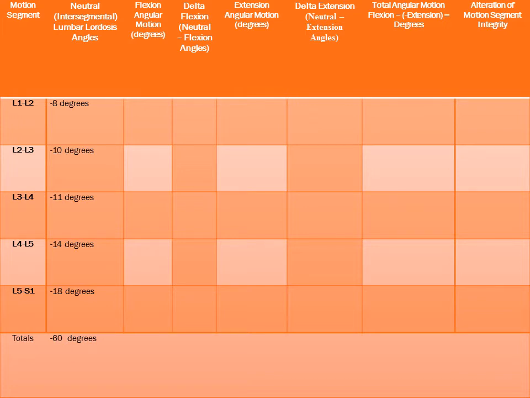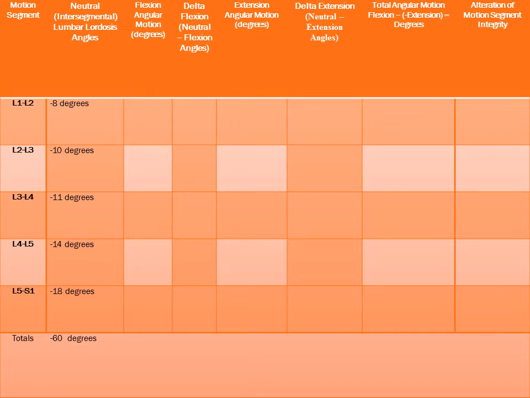So, for example, if we take all the intersegmental angles, which I said were -8, -10, -11, -14, and -18, if we add those all up, those should equal the global lumbar lordosis angle, which is -60 degrees, and in this case it does. So we now have established our baseline values, and we can use those baseline values to analyze the motion of the vertebrae as the vertebrae go through both flexion and extension.